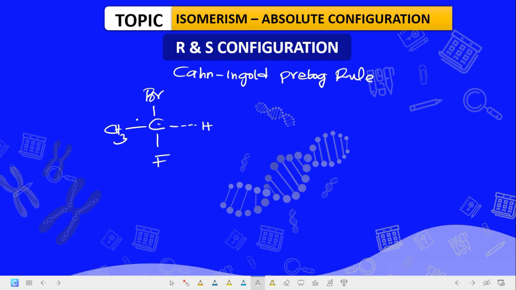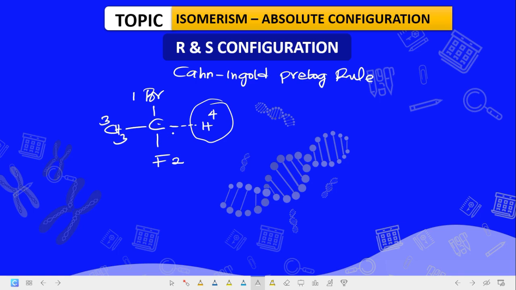So in this case, which of them do you think has the highest priority? The one with the highest priority would be bromine. So this is 1. You give it number 1. Followed by what? Fluorine. Then before what? Carbon, because this carbon means CH3, C H H H. And then you finally have hydrogen. Now the least priority group, in this case hydrogen, you don't usually consider it.